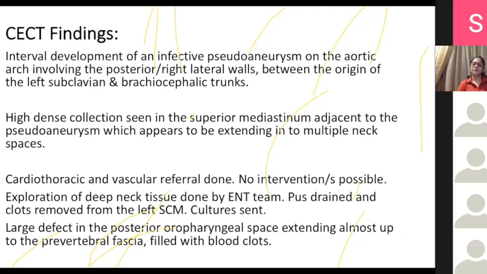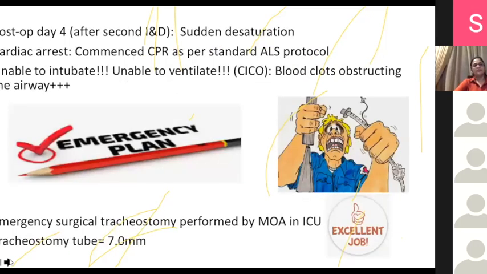And that comes a lot from the left sternocleidomastoid muscle. They send the pus for cultures, and they find that there's a large defect in the posterior oropharyngeal space, which is extending almost up to the prevertebral fascia, filled with blood clots. So this is definitely not something you would like to see in any patient.